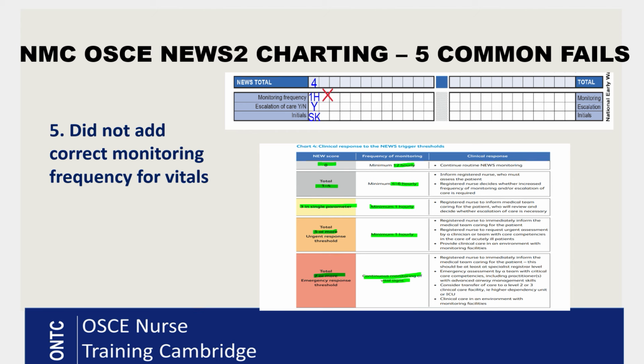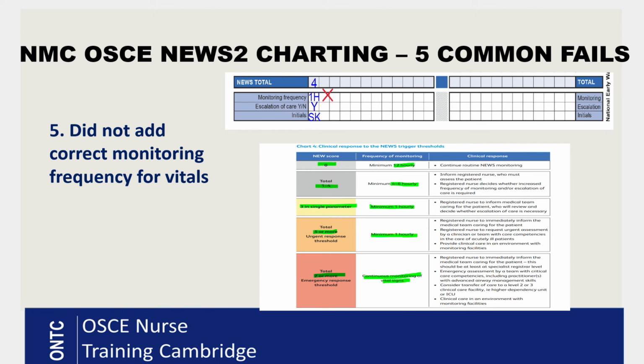If your score is 3 in a single parameter, it means your total score is still 4 or below, but out of that 4, 3 is in the red area, then you come down to 1 hourly monitoring. 5 and 6 is 1 hourly, 7 or more is continuous, and in the box on the chart you put C. So that's how you do monitoring frequency.